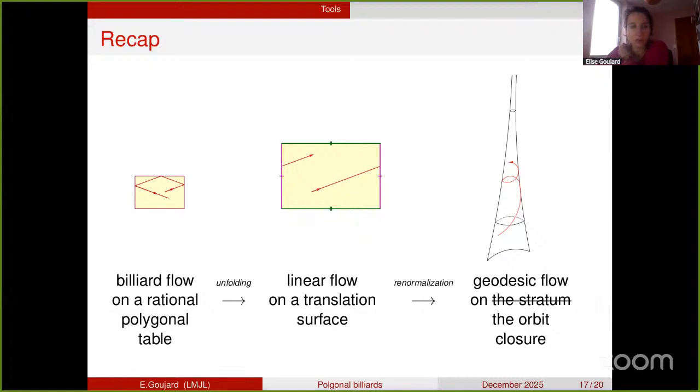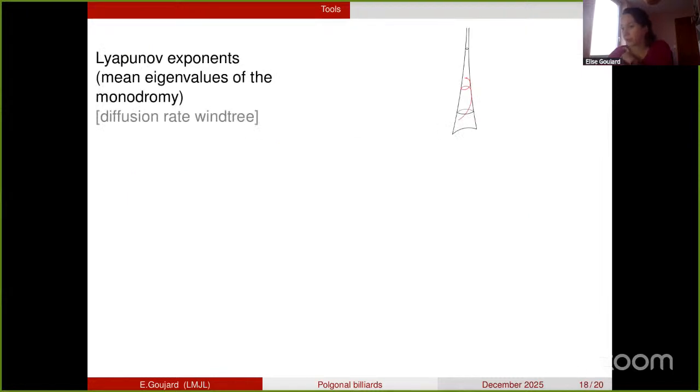Now I want to finish by mentioning what are these 4 and 2/3 that I mentioned at the beginning. They are related to this dynamics on the moduli space, actually.